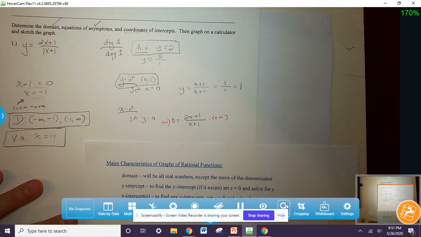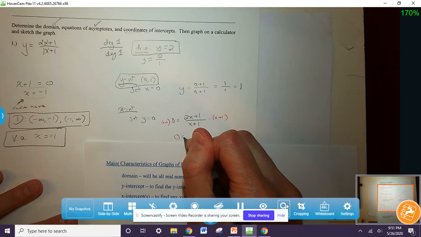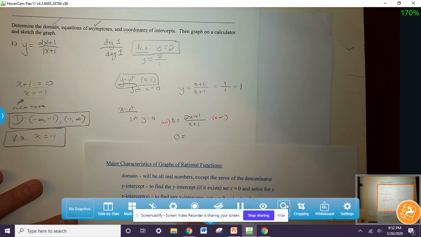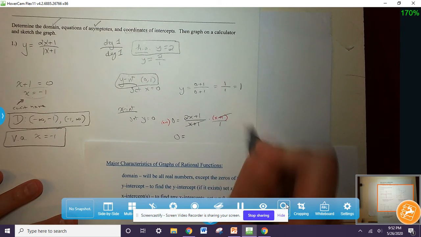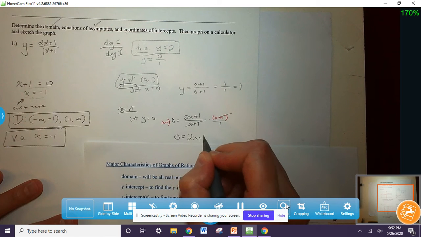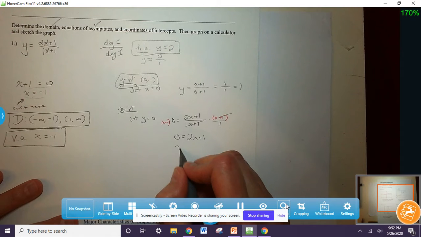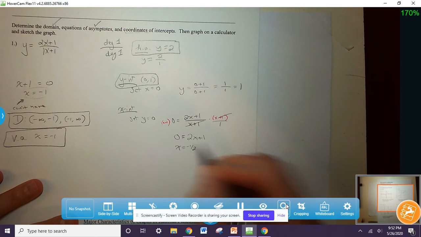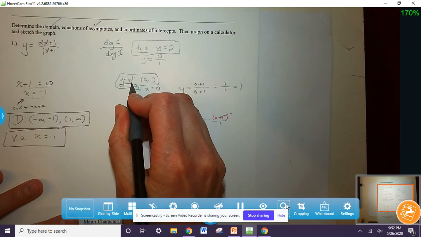On the left-hand side you have 0 times that, so it's still 0. On the right-hand side, these reduce because that x plus 1 would be like an x plus 1 over 1. And we get 0 equals 2x plus 1. So we're going to have x equals negative 1/2 when we solve. So this particular example has one y-intercept and one x-intercept.